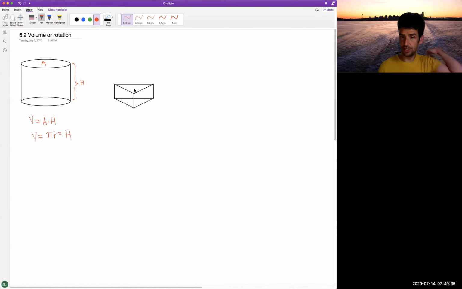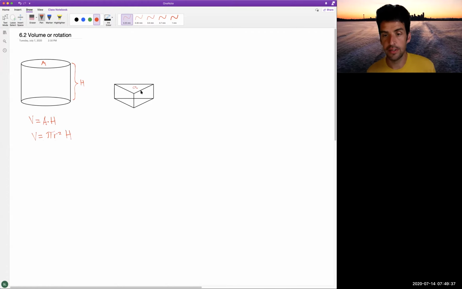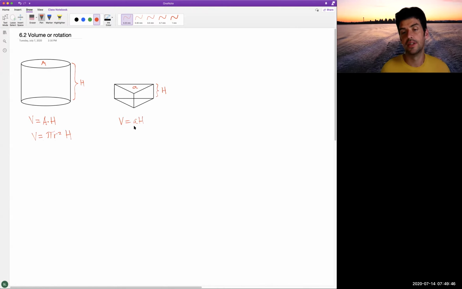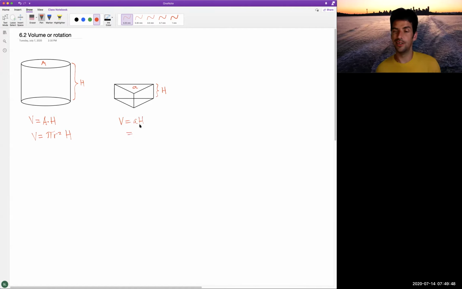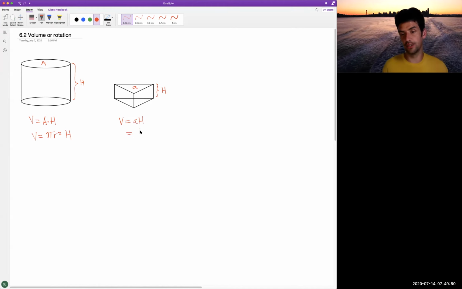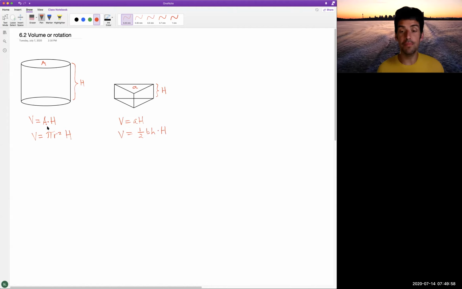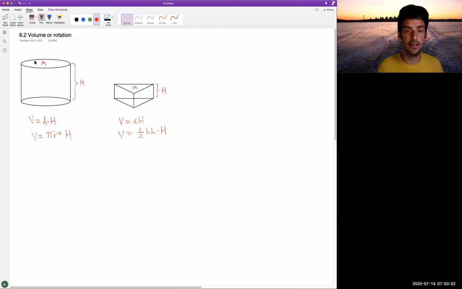Over here, let's call the area of this triangle A, and we've got a height here. So this volume is A times H. Here, the area of the triangle would be 1/2 the base times the height of the triangle, then times the height of the cylinder, right? But in both cases, we took the area of the face of the cylinder and multiplied it by the height.